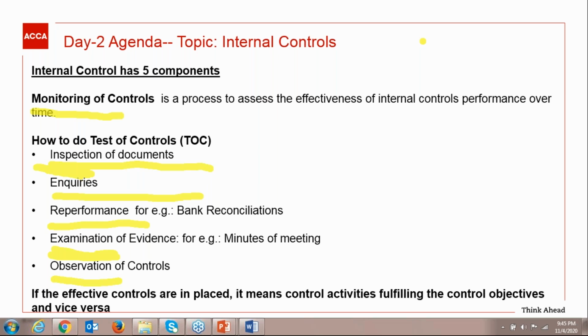Now the auditor comes to this department, and he will inspect the documents to ensure that all invoices are approved by the finance director. If the invoices are not approved by the finance director, it means that the controls are just on paper. They are not implemented in the real sense.